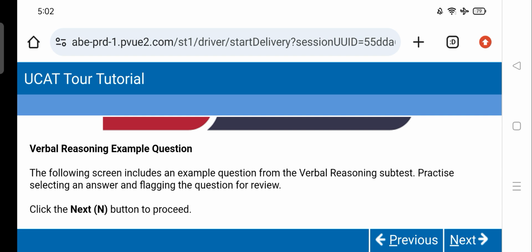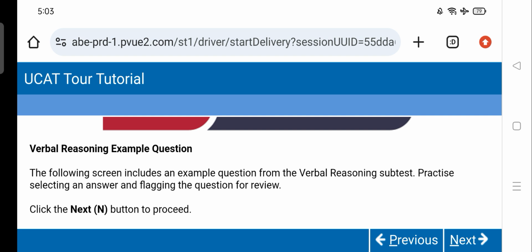The following screen includes an example question from the verbal reasoning subtest. Practice selecting an answer and flagging the question for review. Okay, in the next screen an example question is given and we have to practice it by selecting the right option.